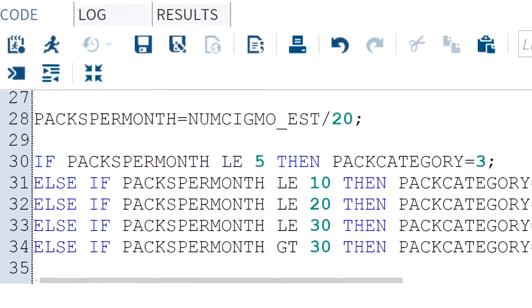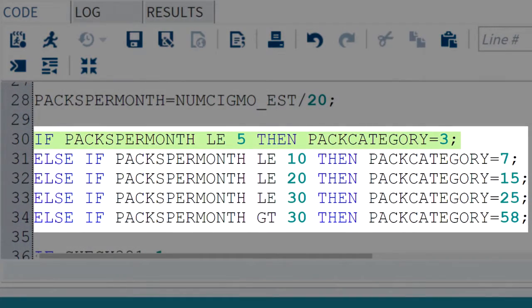Here we tell SAS if packs per month is less than or equal to 5, then pack category, our new variable, is equal to 3. We chose 3 because it's roughly the quantitative midpoint for this category. Else if packs per month is less than or equal to 10, then pack category equals 7, again, roughly the midpoint. Else if packs per month is less than or equal to 20, then pack category equals 15.